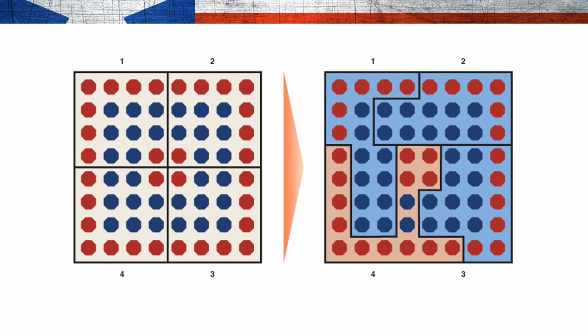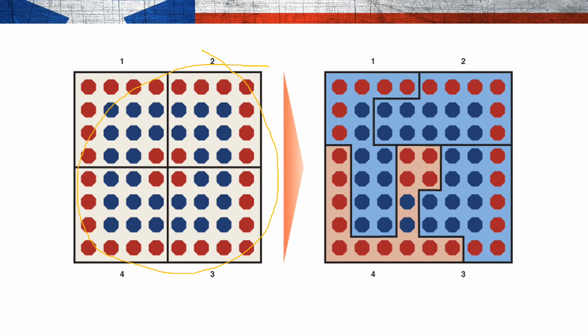you can see, let's see if I can draw on this, on the left, you can see that all 4 of these different districts have an equal number of Democrats and Republicans.